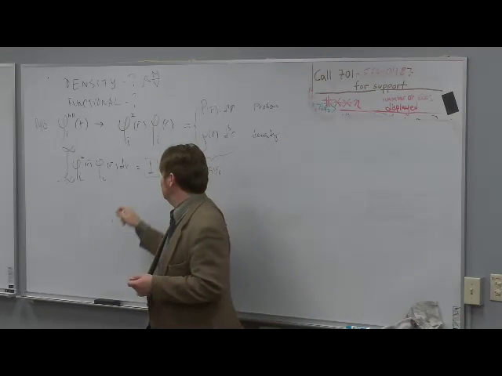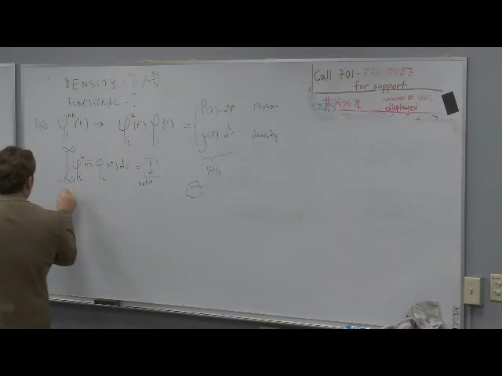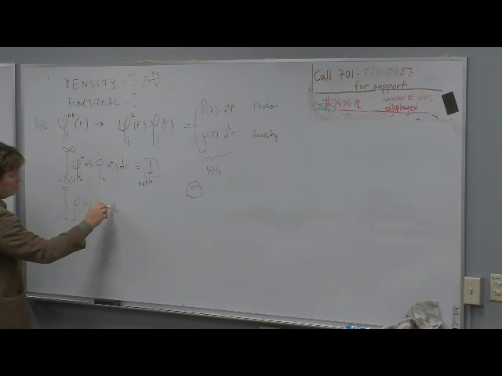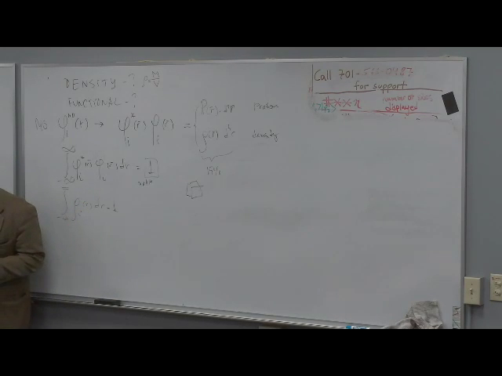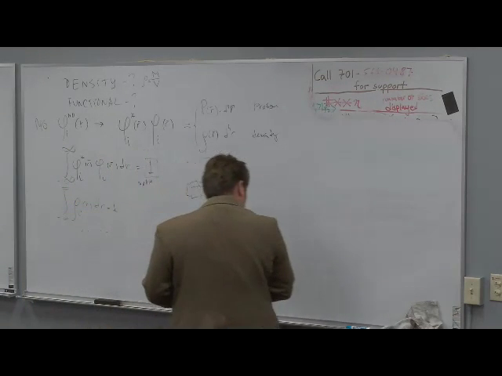Good function. Okay, so we rewrite rho sub i of r, integrated, equals 1. No objections. I will come to this point in a second.